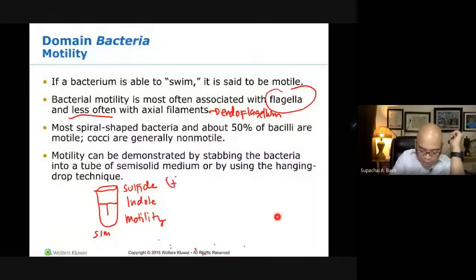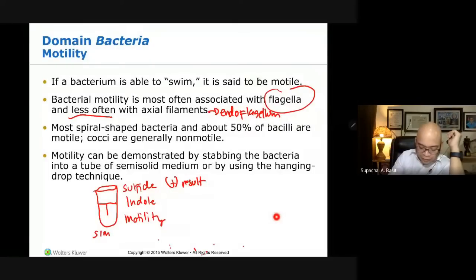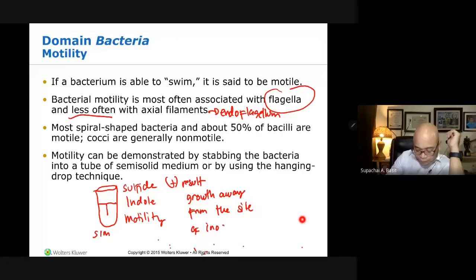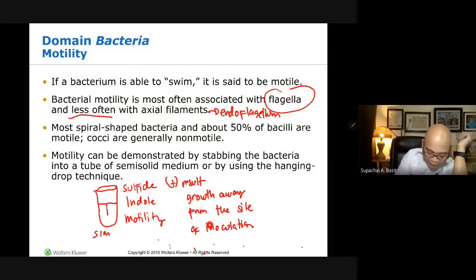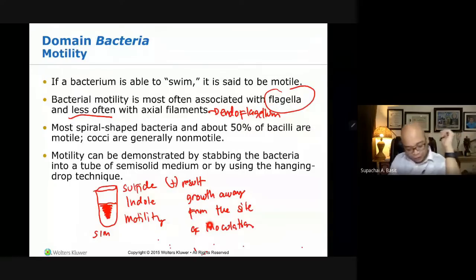A positive result is characterized by growth away from the site of inoculation. So something like this, where there is growth away from the site of inoculation, is positive for motility.